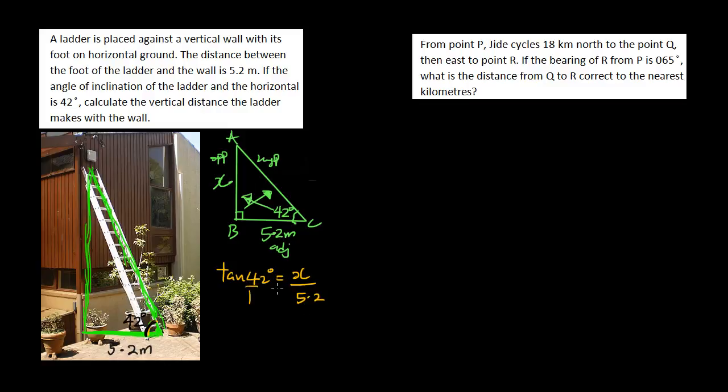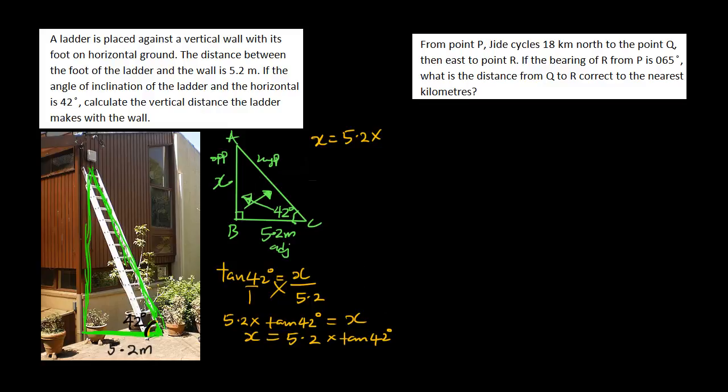From this we can just cross multiply. We have 5.2 times tan 42 degrees equal to x times 1, which is x. So we take x to the left hand side, and 5.2 times tan 42 degrees to the right hand side. So x is equal to 5.2 times tan 42 degrees.